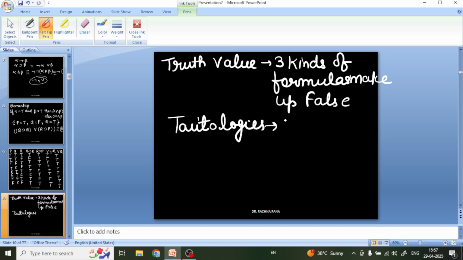Tautologies are true, independent of the valuation function. And tautologies will be found when all values are true.